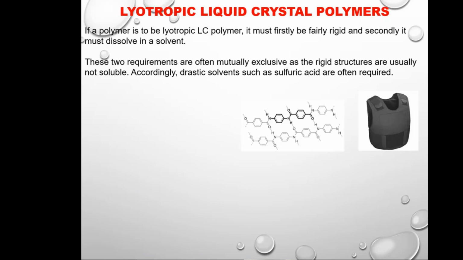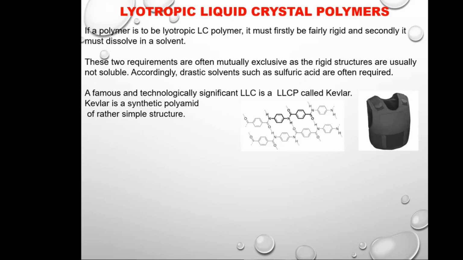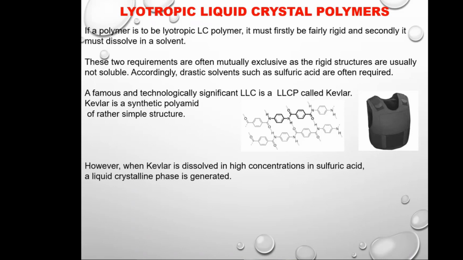However, for example, Kevlar is one of such materials, which is a synthetic polyamide of a simple structure. But when dissolved in high concentration in sulfuric acid, it has the liquid crystalline phases.